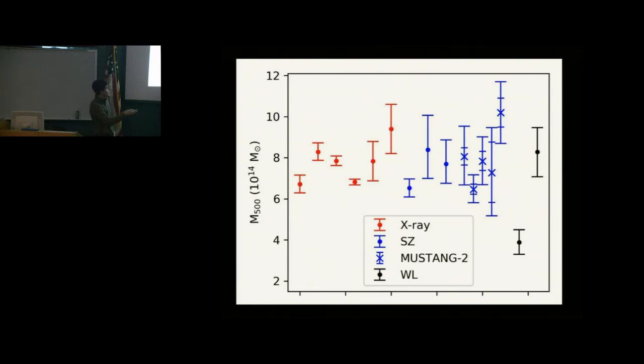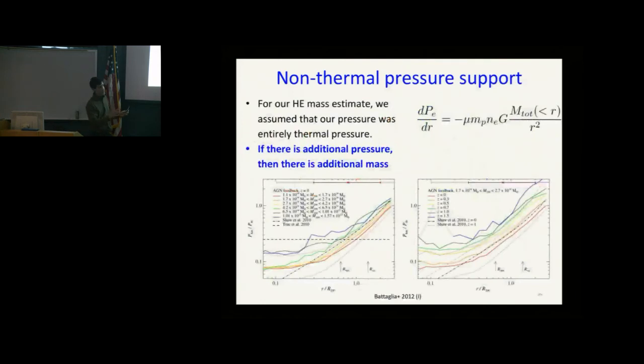Interestingly, even with this result, it's not clear that we're biased low. So that would indicate that we have very little non-thermal pressure support in this galaxy cluster. I'd say that's at an interesting level, how low it is. We tend to expect on the lower end about 10% non-thermal pressure support. It's an average from within R500.